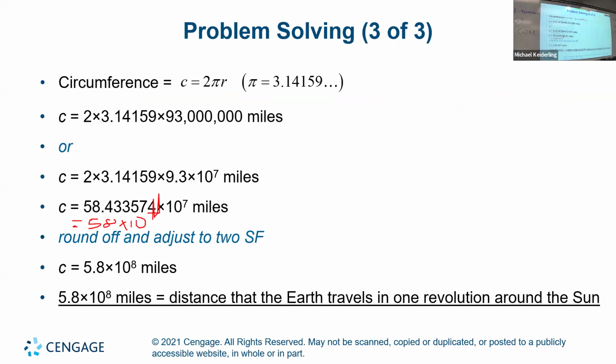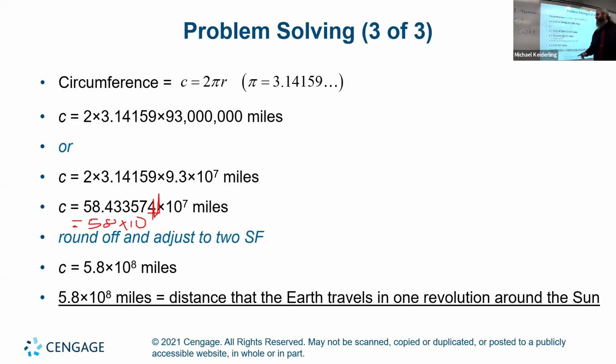Pi is 3.14159. 2 times 3.14159 times 93 million miles, which is 2 times 3.14159 times 9.3 times 10 to the 7 miles, which is 58.433574 times 10 to the 7 miles, which we could round off to 58 times 10 to the 7, because 93 million only has 2 significant figures. So we need to round our answer to 2 significant figures.